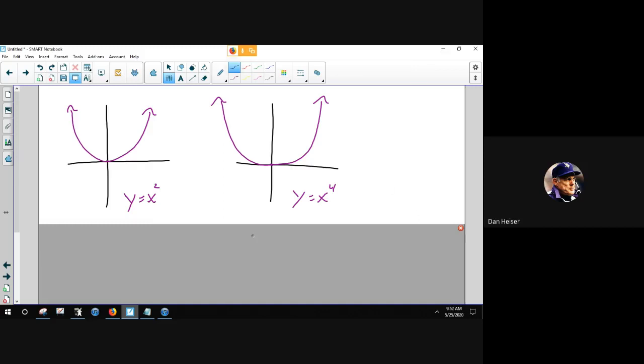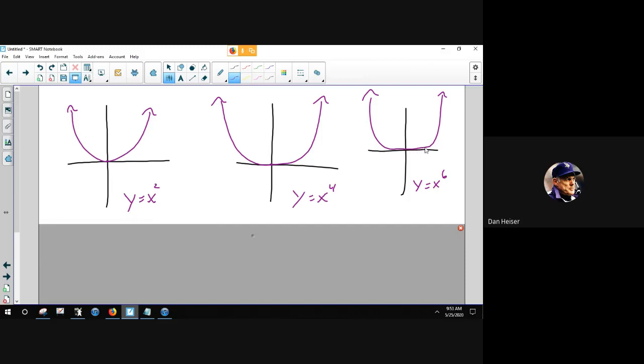And if I were to add one, do y equals x to the sixth, say, between 0 and 1 it would be flatter even still, and then it would take off. Like so. The higher that power gets, the flatter this looks. Now, this is not perfectly horizontal.